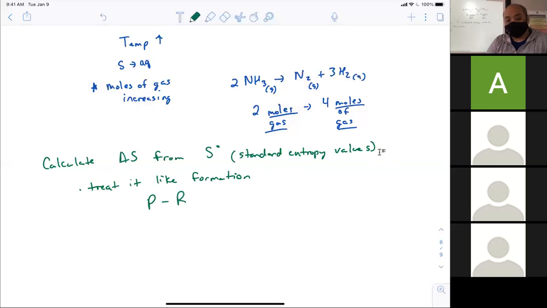So you calculate all the entropy of the products and then subtract the reactants, which makes sense because you're measuring the change in entropy. If your products have more entropy, then your sign should be positive. If your reactants have more entropy, then your sign is negative because you're decreasing in entropy. So again, it still makes sense when you're thinking about the values and what you expect the sign of the answer to be.